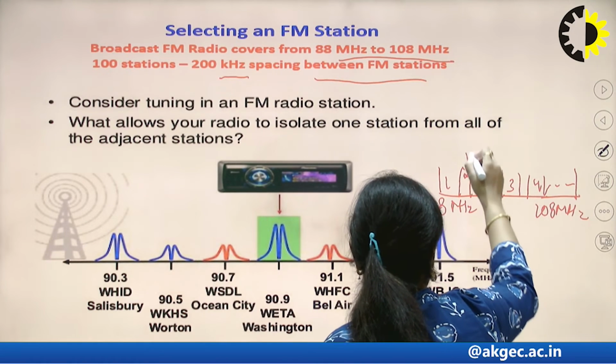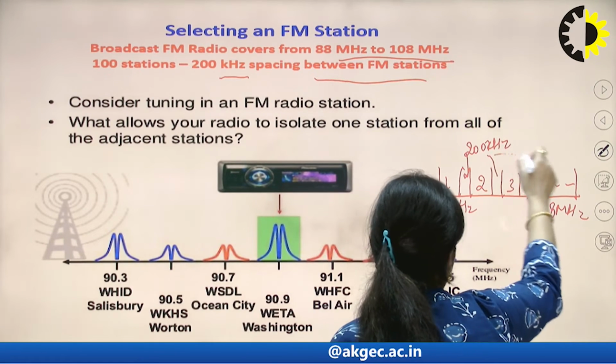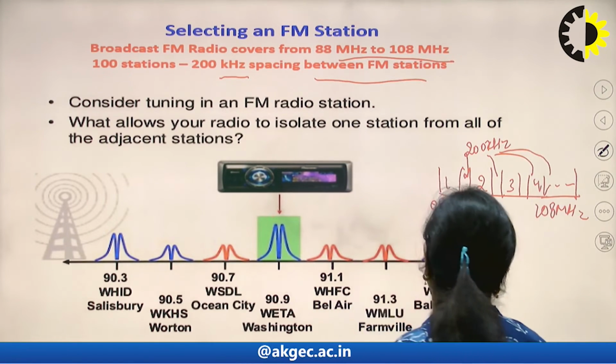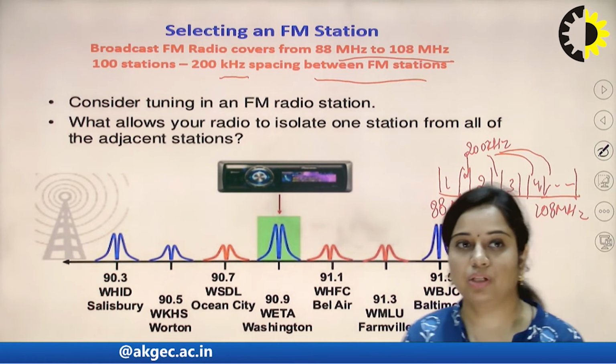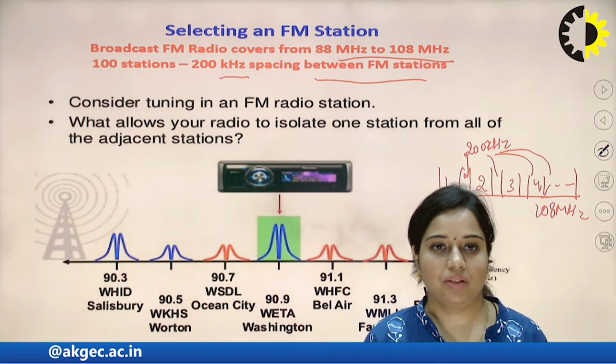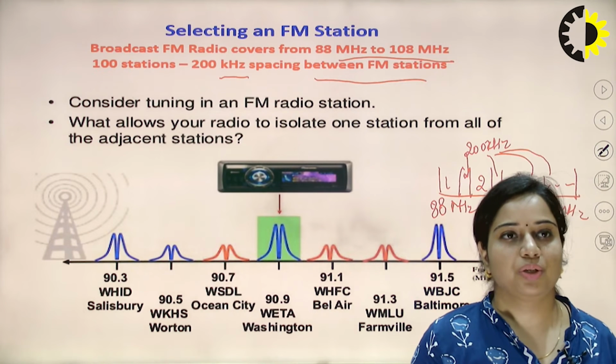In between these there is 200 kilohertz of guard band provided. This guard band is introduced between the two channels so that any kind of spreading of the signal will not distort the information from the two signals, basically to reduce the interference.